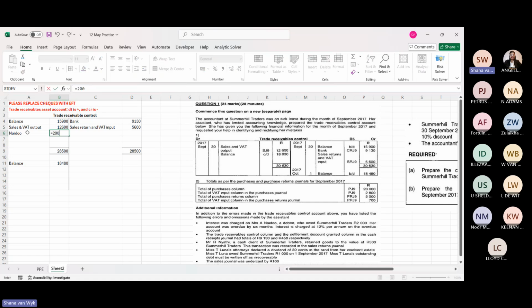This is going to be 2,000 Rand, overdue by 6 months. It's per annum, so it's 6 over 12, and it's 0.12. So it's interest. I think it's only the interest that we are doing. Yes, only the interest. Don't tell me you want to charge the extra 2,000 also, after you already billed him.